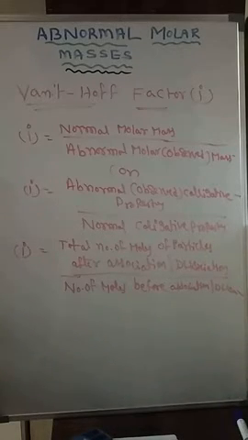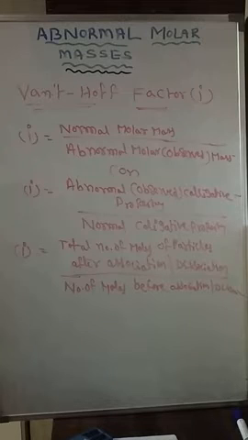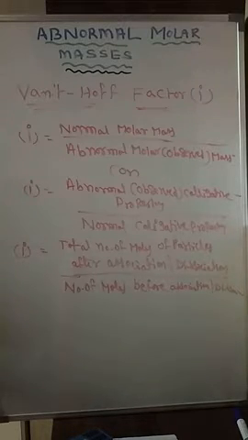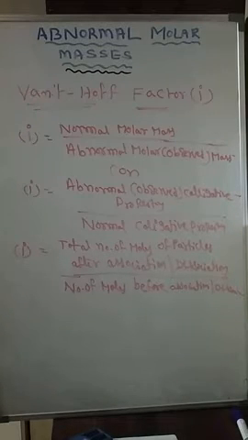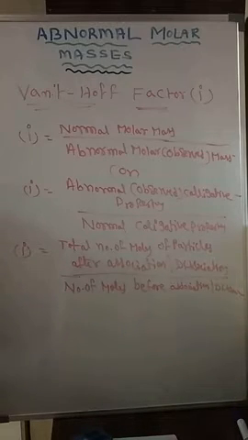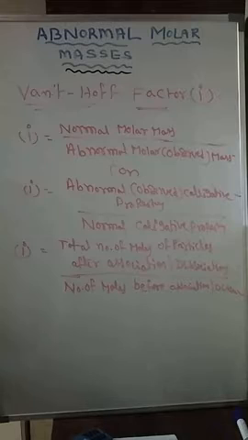So what is the Van 't Hoff factor? It is a ratio of normal molar mass to abnormal molar mass, or a ratio of abnormal colligative property to normal colligative property. Every colligative property is inversely proportional to molar mass.